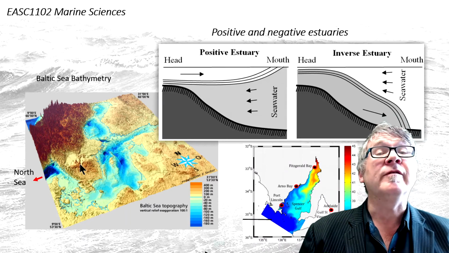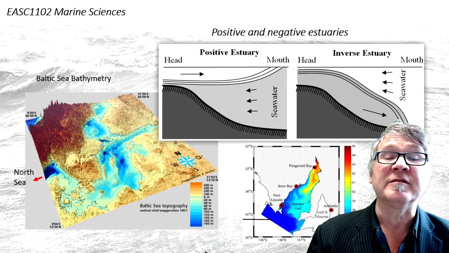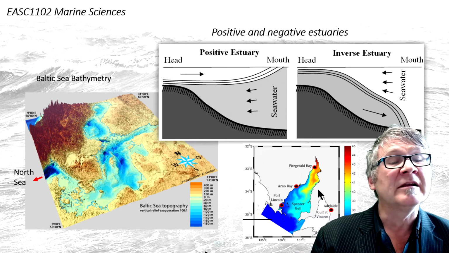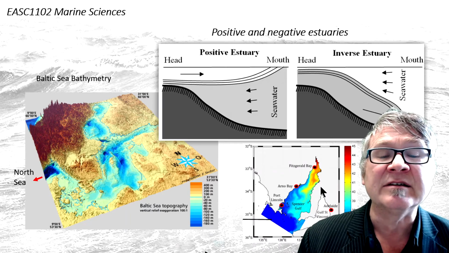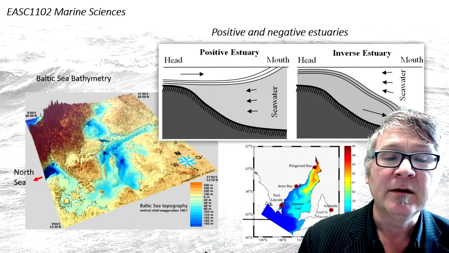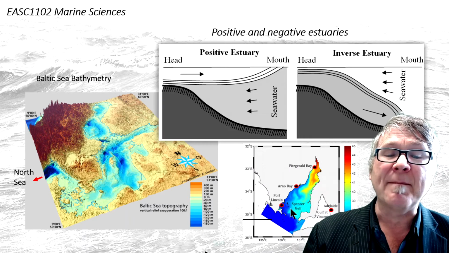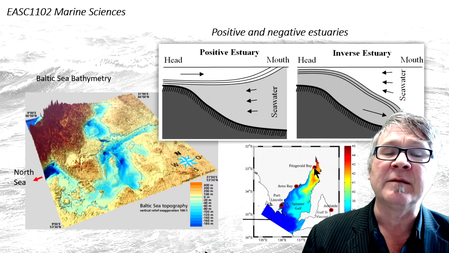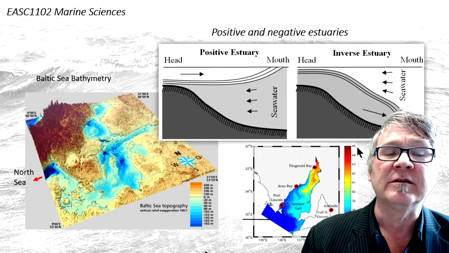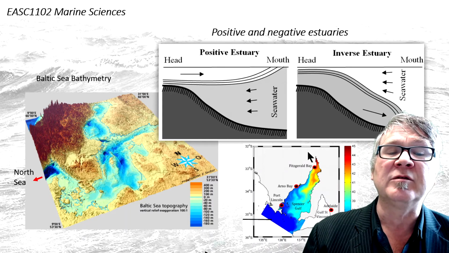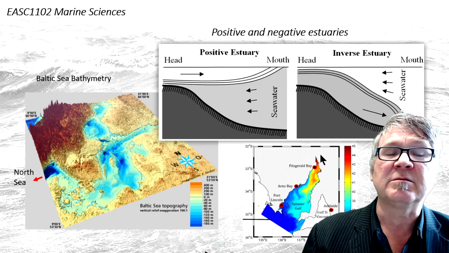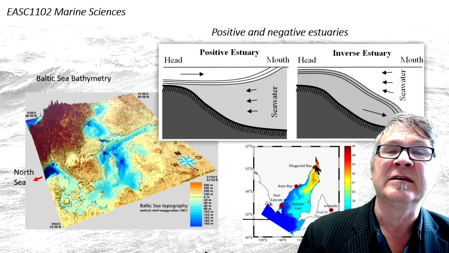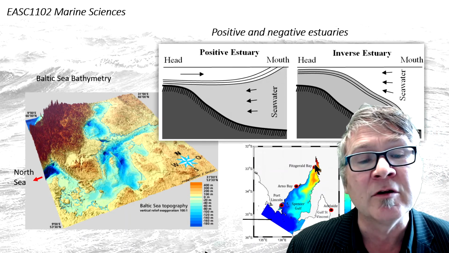An example of a negative estuary is Spencer Gulf, and Spencer Gulf is shown here in this bottom panel. And what's indicated here is the average salinity, and you can see as you move up in Spencer Gulf towards Whyalla and Port Augusta, it gets very, very salty. 45 salinity units, okay, which is something like 10-20% more than the salinity of the open ocean.